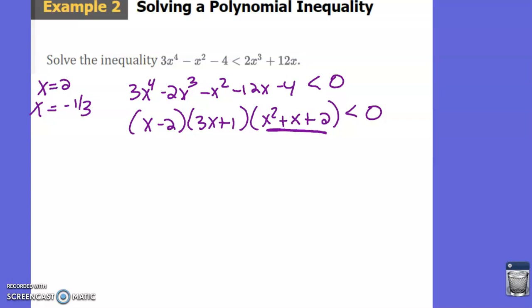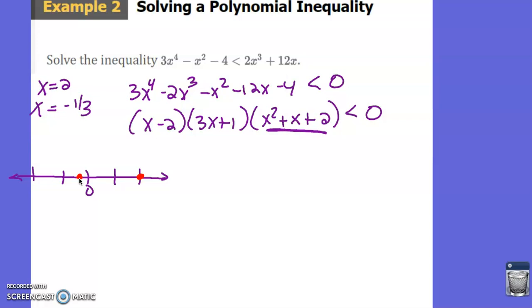So if you look at the intervals on a number line, let me draw a number line here. We have 2 as one of the zeros, and negative 1/3 as one of the zeros as well. The other ones, again, are going to be imaginary, so these are my only 2 real roots.